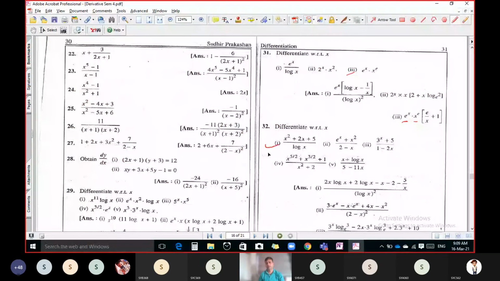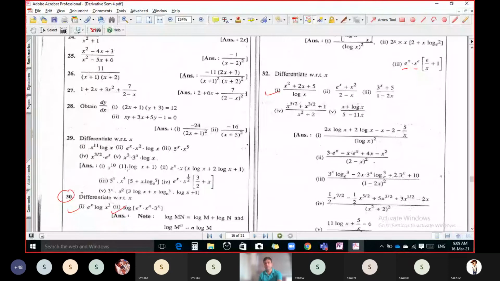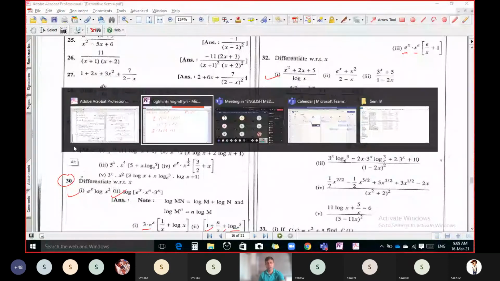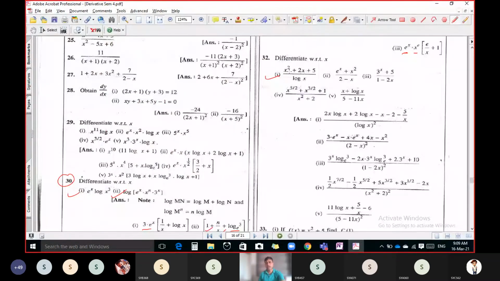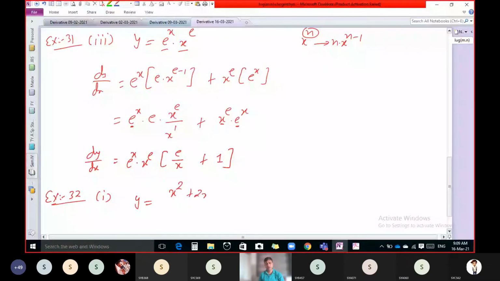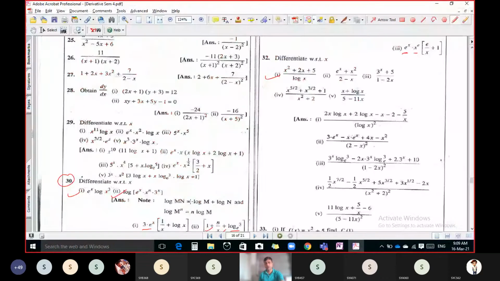Okay, let us do question number 1 of 32. y equal to x square plus 2x plus 5 upon log x.